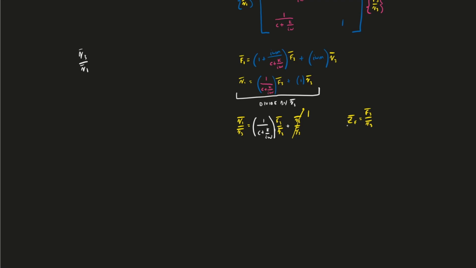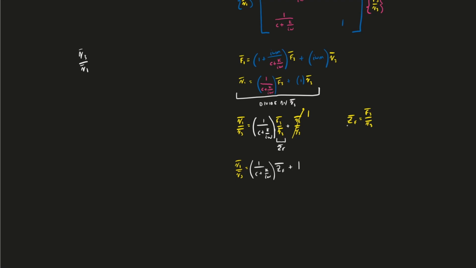Then we can substitute that into our equation where we have F3 over V3. And we can rewrite our equation as V1 over V3 equals 1 over C plus K over I omega times our drive point impedance ZF plus 1.